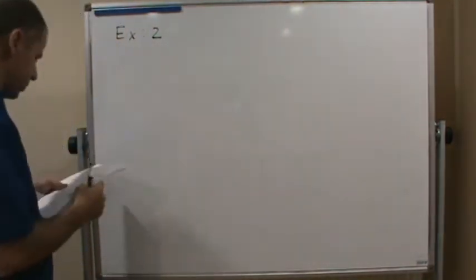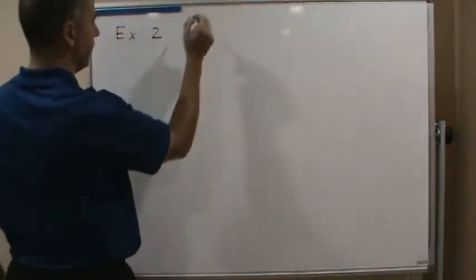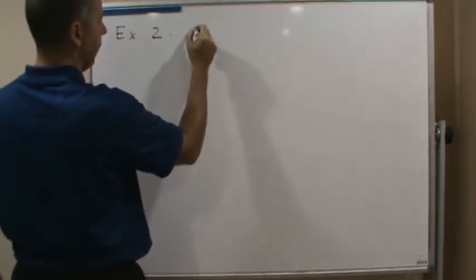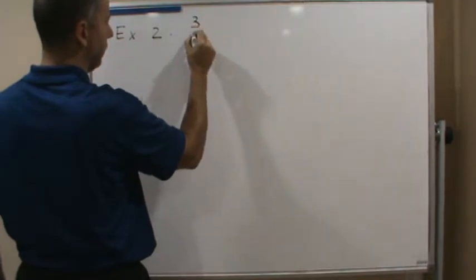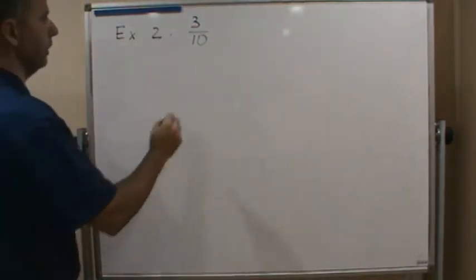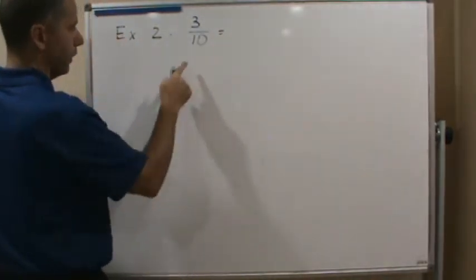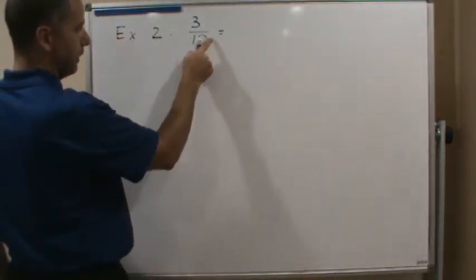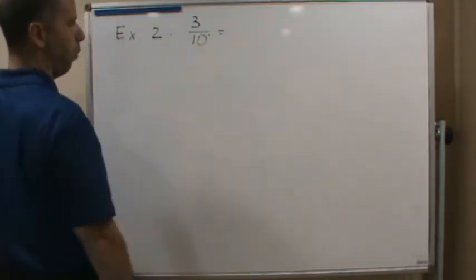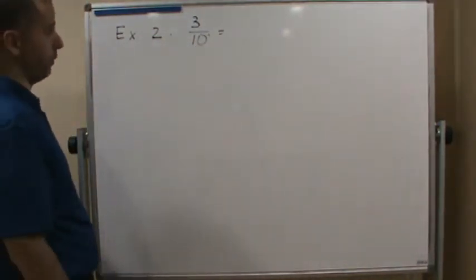So let's do an example, and let's look at the same one that we were looking at before. So we were talking about 3/10, right? What we do is we look at the denominator and we see what power of 10 it is. This is a power of 1, an exponent of 1.